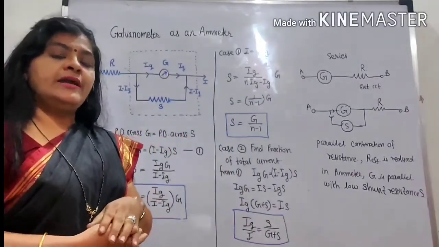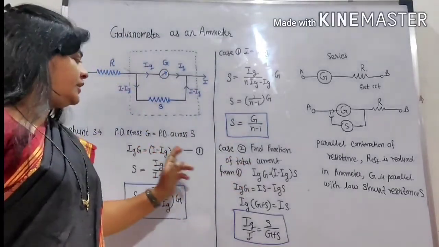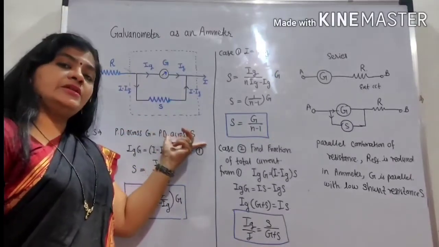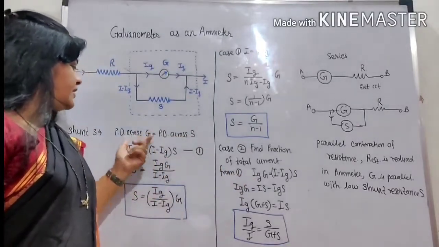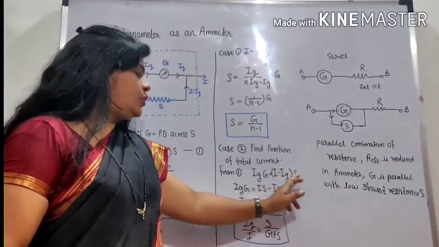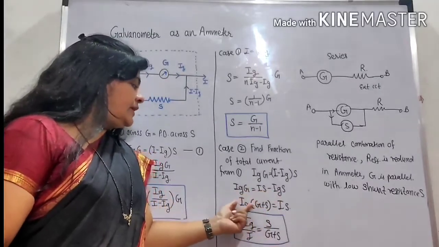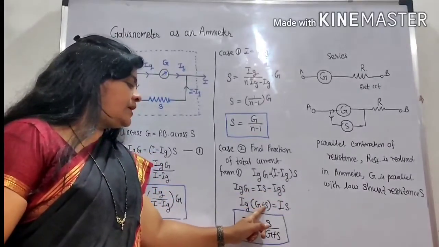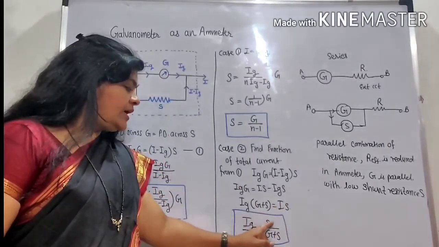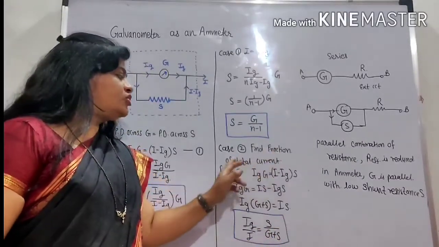The fraction of the total current is Ig upon I. This is again calculated from equation number 1, where the potential difference across G is equal to the potential difference across S. The potential difference across G is Ig into G, which is equal to (I minus Ig) into S. Separating the terms and taking Ig common, Ig into (G plus S) is equal to I into S. Then Ig upon I is equal to S upon (G plus S). From this formula we can get the fraction of the total current.